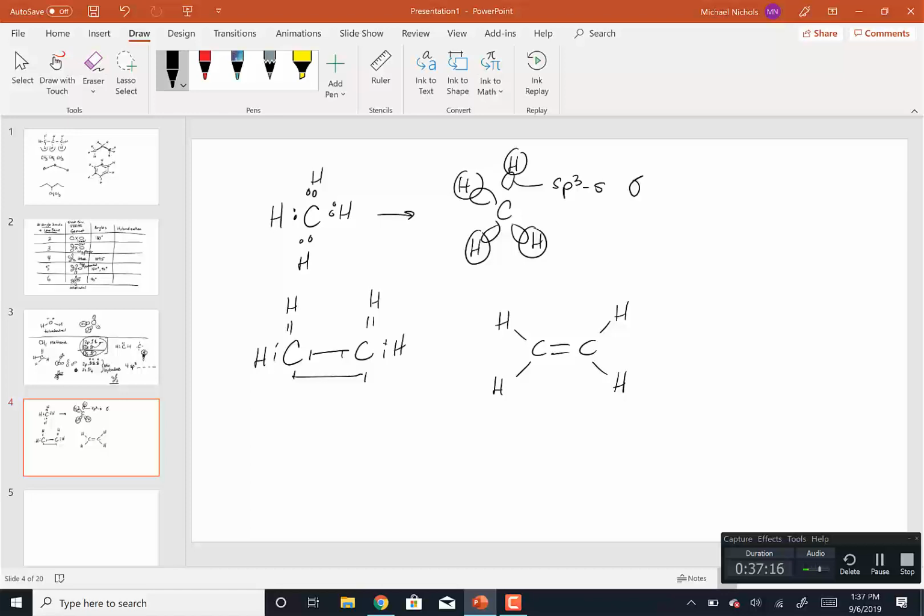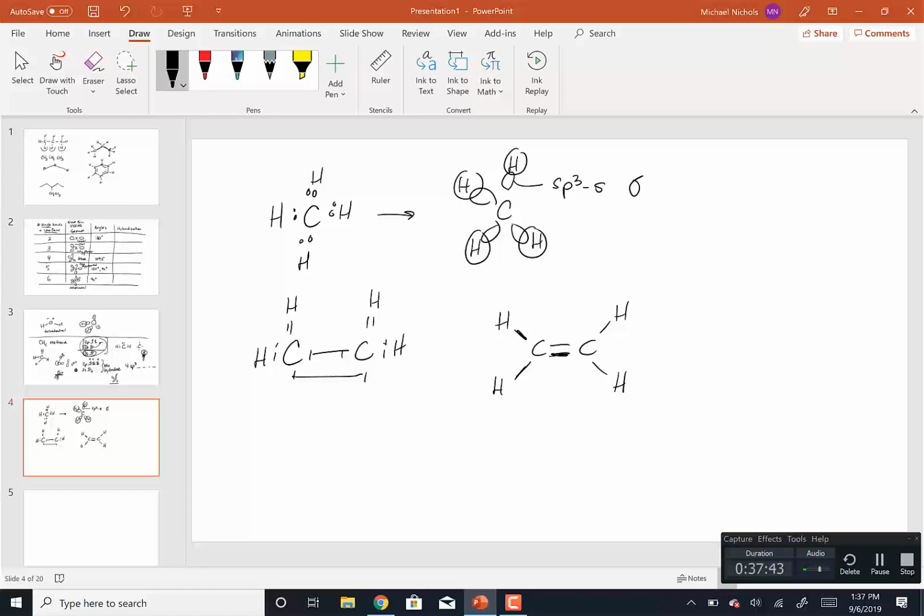How about the orbital picture of the bonding? Well, in the orbital picture, I have now formed 1, 2, 3 sigma bonds. Where do sigma bonds come from? They come from the head-to-head overlap of orbitals.